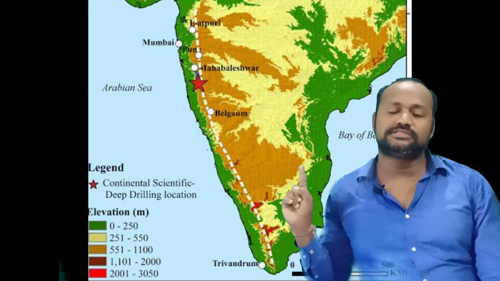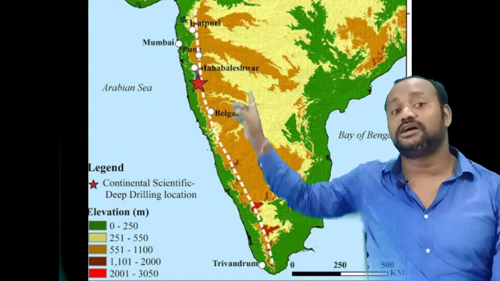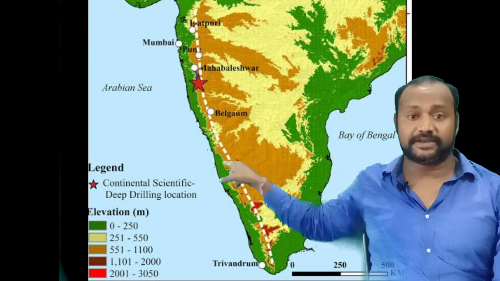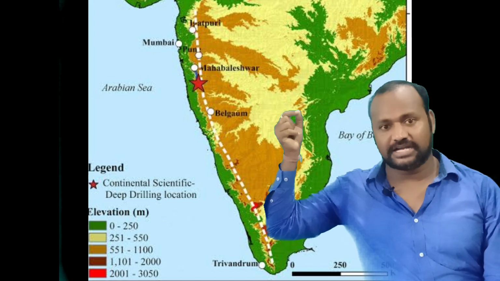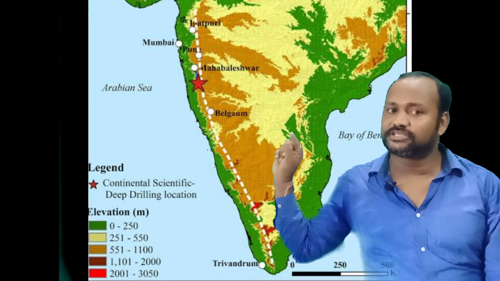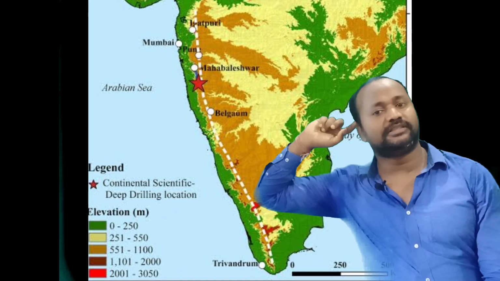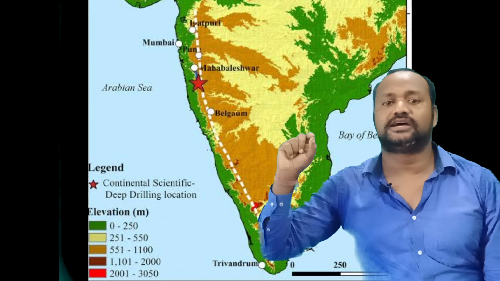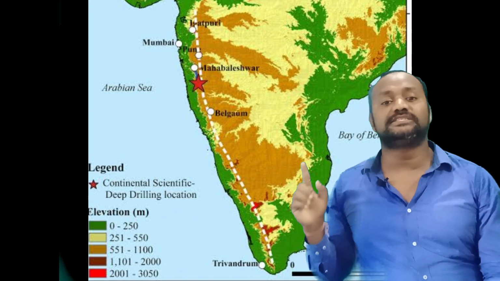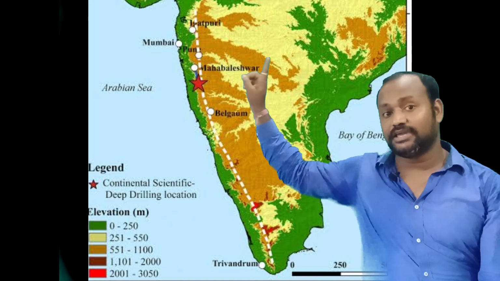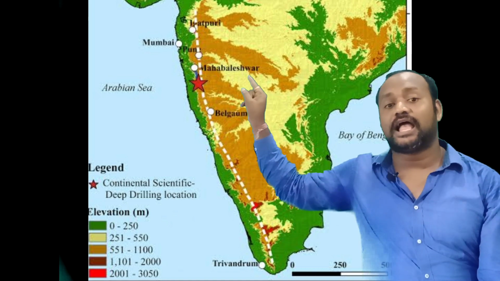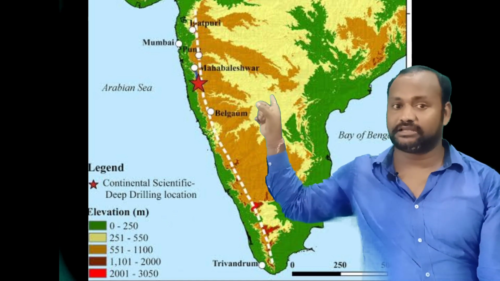The Western Ghat lies parallel to the Western Coastal Plain, and both run parallel to each other. The Western Ghat lies between the Western Coastal Plain and the Deccan Plateau.